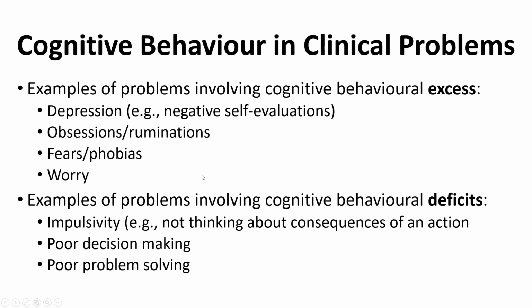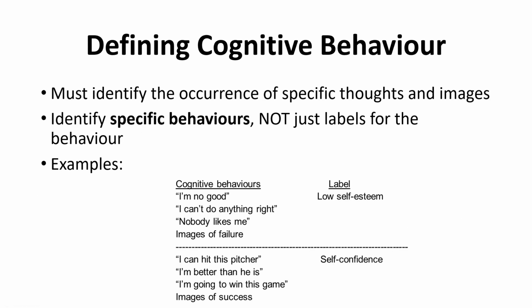There is a deficit in cognitive behaviors. So in clinical settings, you can try and decrease these things that come from excesses, and you can try and increase the problems that are driven by deficits. So you can try and adjust what we're lacking or what we have too much of to try and achieve a more balanced situation.